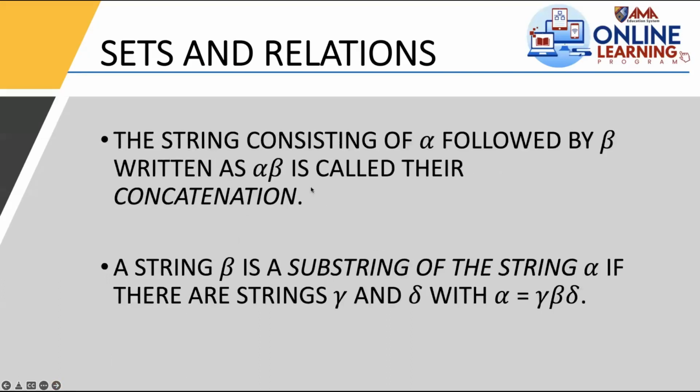Okay? Now, with that notation, we can talk of substring. It's like a subset of a set. Actually, that's the essence, because a string is a set. So look, you can see the similarity. A string beta is a substring of the string alpha if there are strings gamma and delta with alpha equal to this.